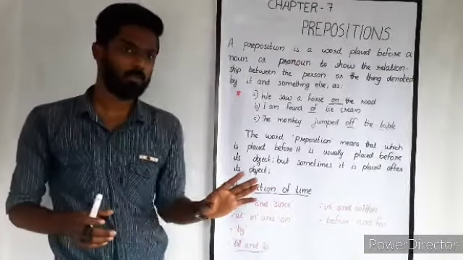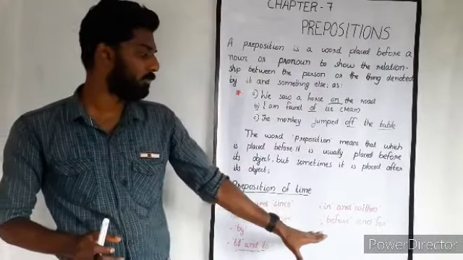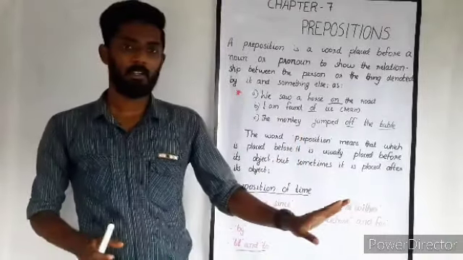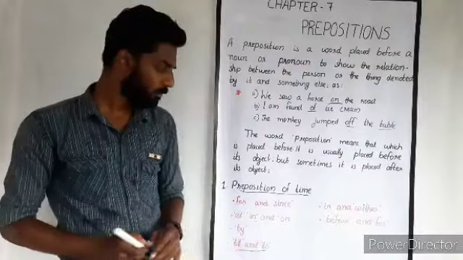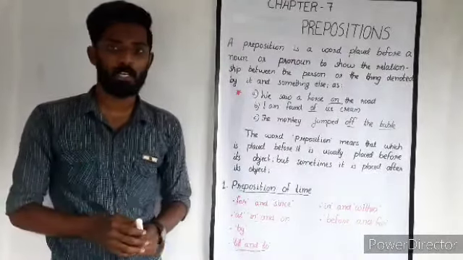So the last one which we have known about the preposition of time is before and for. With this session we will end, and the last one is before and for. Before is used to denote the point of future time.